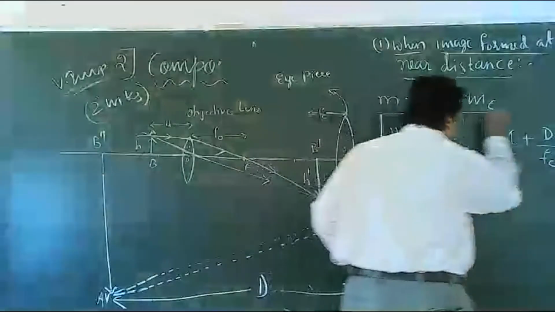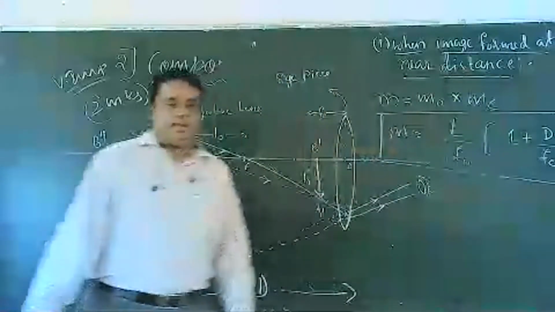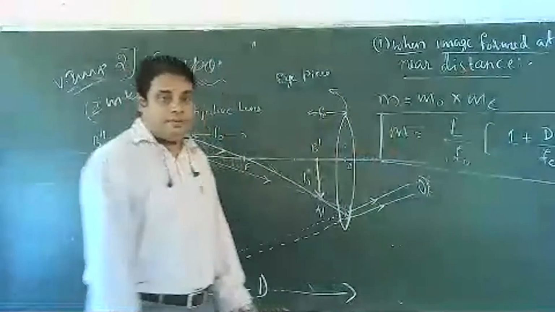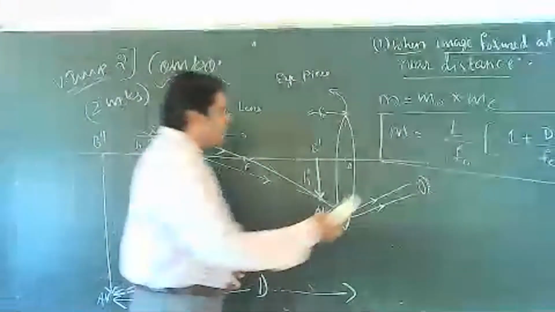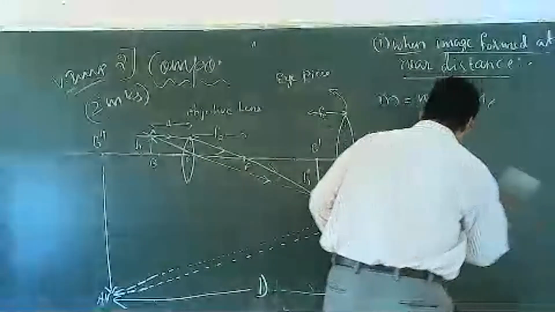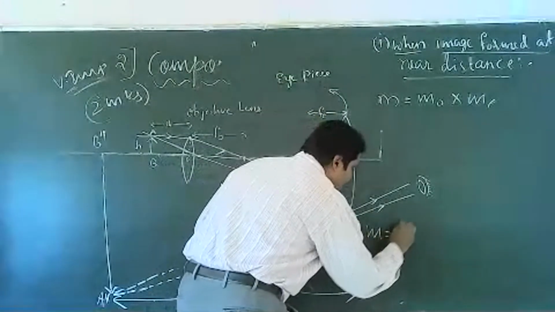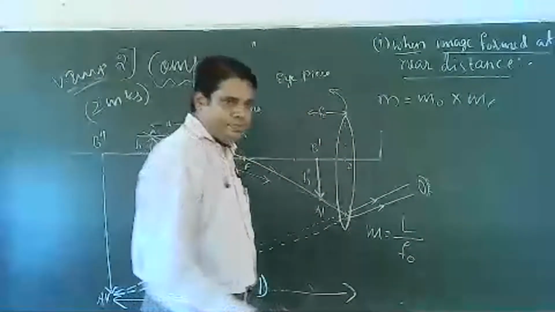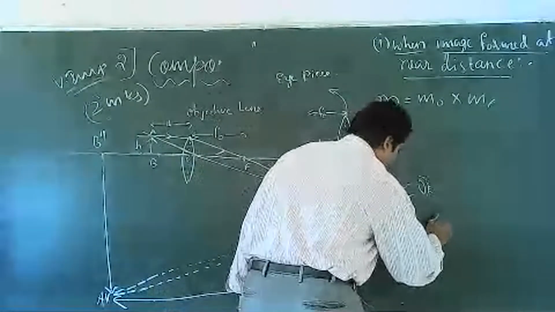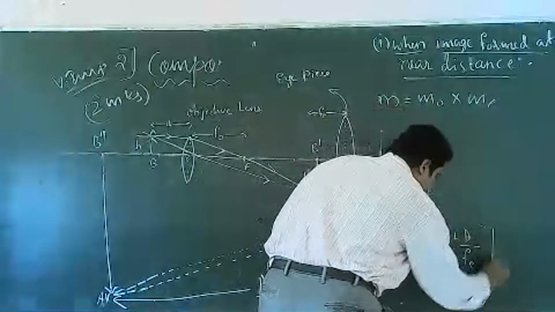This is the expression for magnification in case of a compound microscope. It holds for a number of problems. Or m is equal to L by f objective into bracket 1 plus D by f eyepiece.